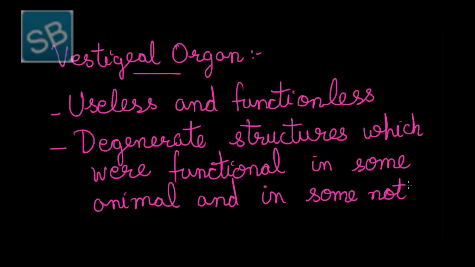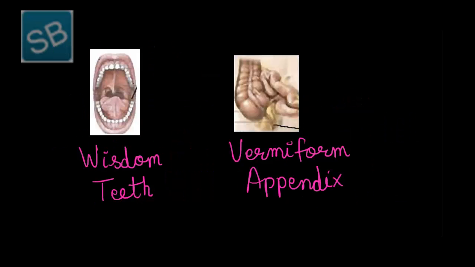That is, the same kind of organ which is functional in one animal and non-functional in another is termed a vestigial organ.